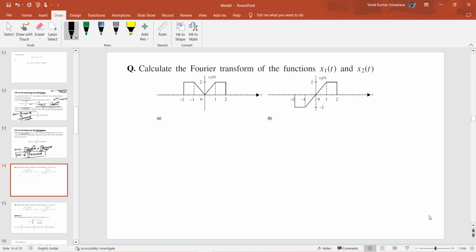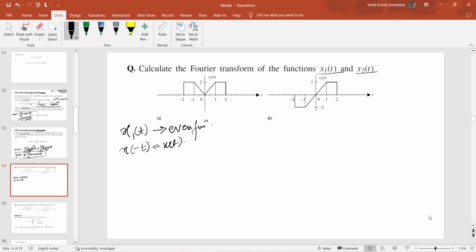Let us take a problem based on this concept. Here signals x1 and x2 are given to us, which are plotted here. We can see that x1 of t is an even function, because x of minus t is equal to x of t.